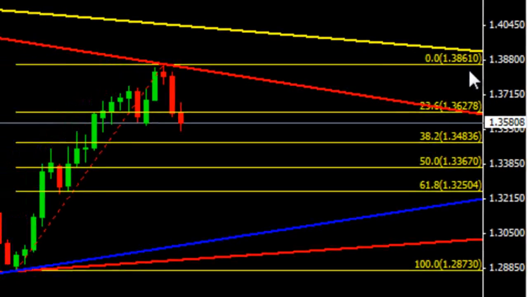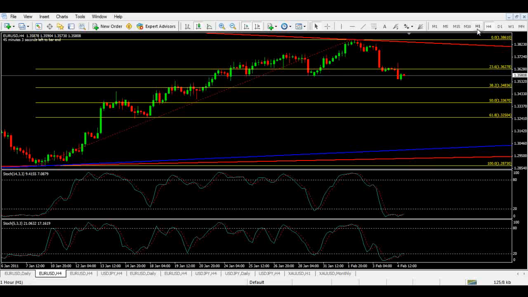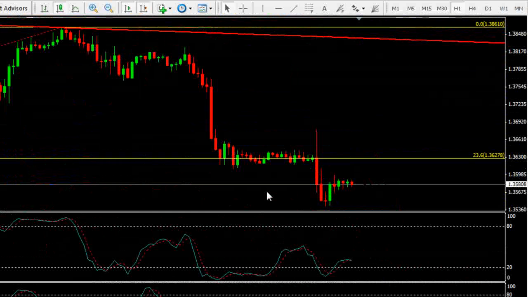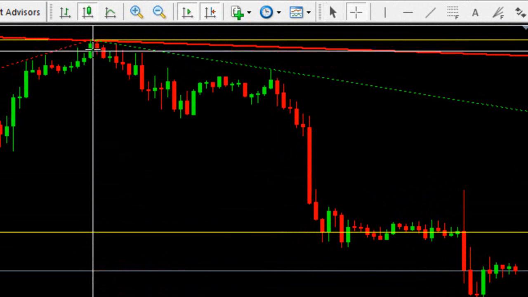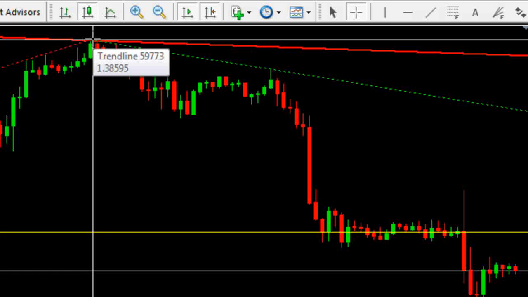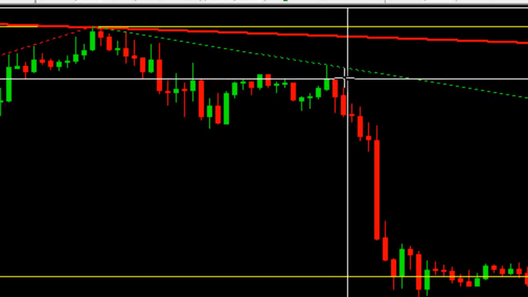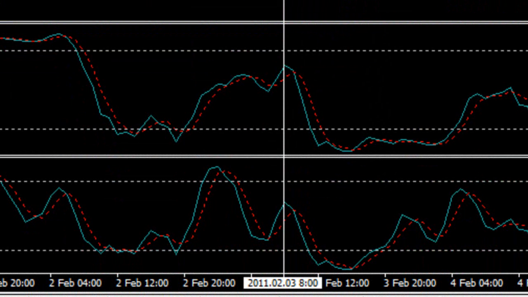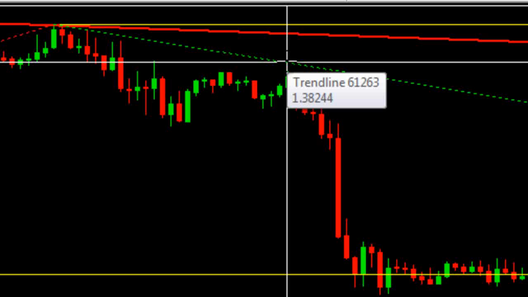1.3861. If you see the same chart at micro level analysis, like H4 or H1, we need to make a perfect micro analysis by drawing a downward trend line connecting this recent high to the lower high, which is from 1.3859 of the 2nd February 2011 high to the lower high of the 3rd February 2011 at 1.3824.